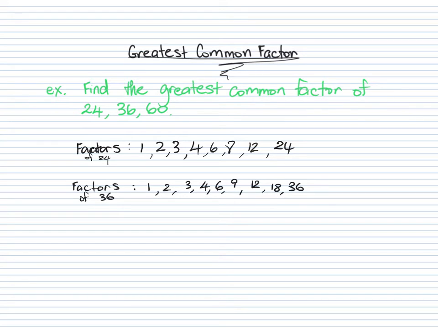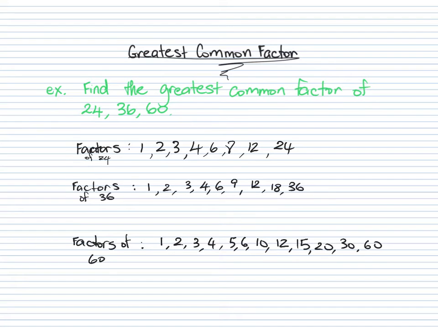And finally, the factors of 60 are 1, 2, 3, 4, 5, 6, 10, 12, 15, 20, 30, and then it jumps to 60.